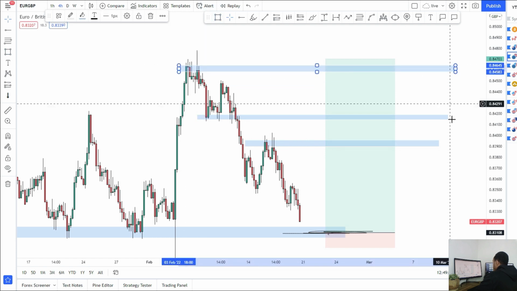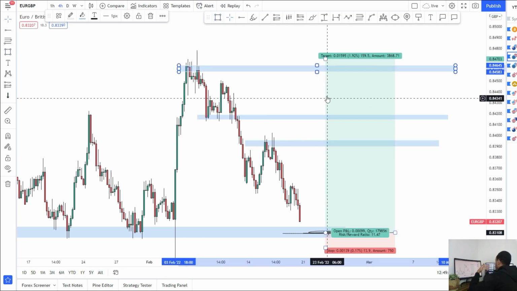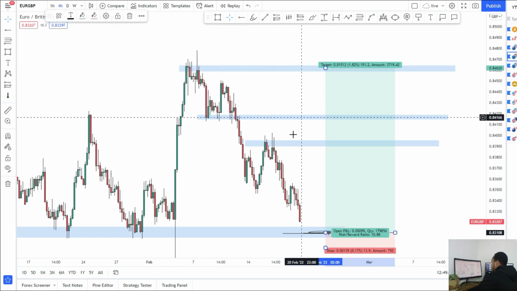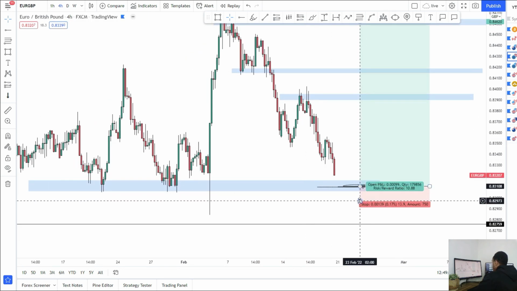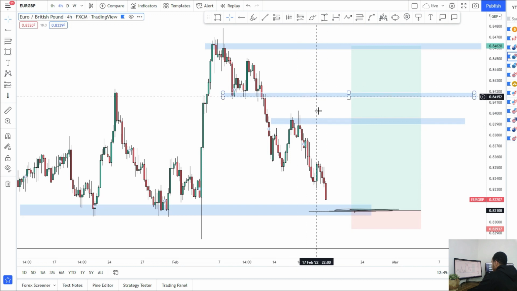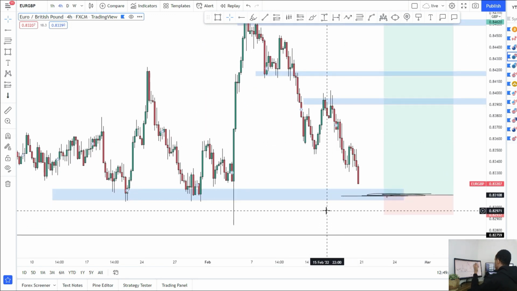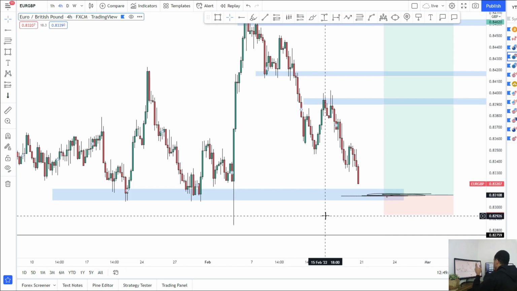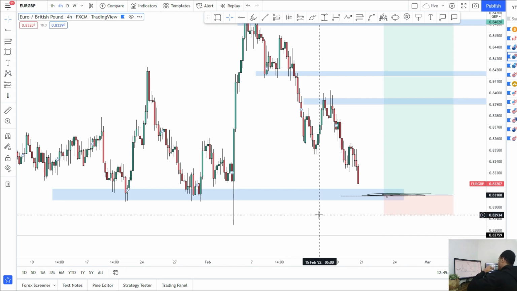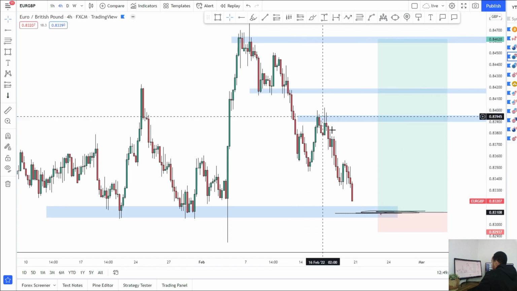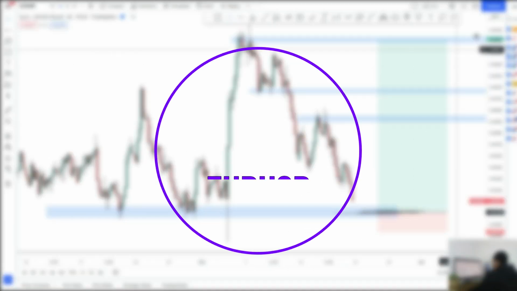The main target will be all the way back up to 0.84700. It might take a couple of weeks to get there depending on how we're moving, but we do have those targets beforehand to look at. So Euro Pound, looking at longs from 0.83100, as long as we can stay above, looking for price to swing back to highs for next week.